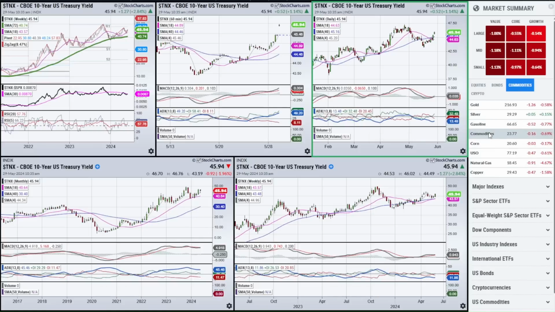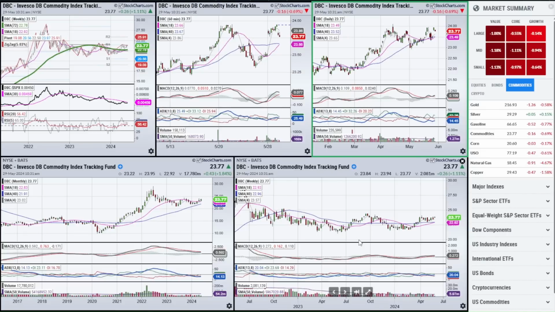All right, look at this commodity index, which is kind of interesting that this is playing out this way. We had this massive move to the upside and we've been consolidating, and look at how this is forming a reverse divergence on the monthly. Again, as I said in the lesson, it could take a little bit of time here to get going, but we've got some improvement in MACD here.